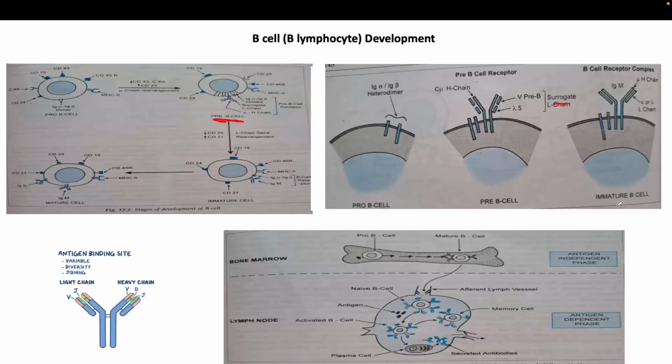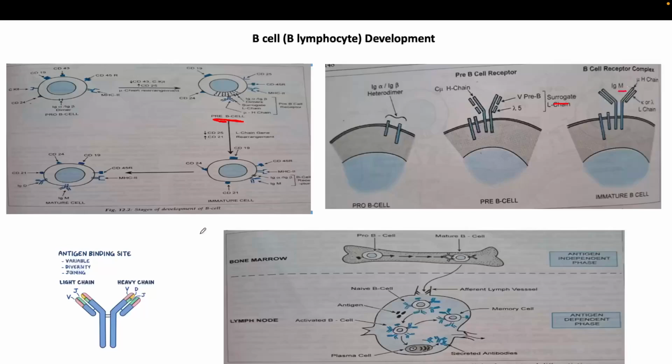When the immature B cell is produced, the heavy chain as well as the light chain rearrangement is completed, and it can be synthesized as an intact molecule of IgM. So in the immature B cell, the first antibody synthesized is IgM.